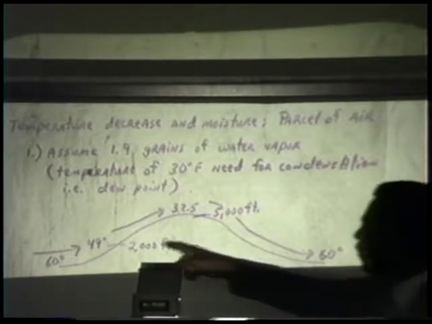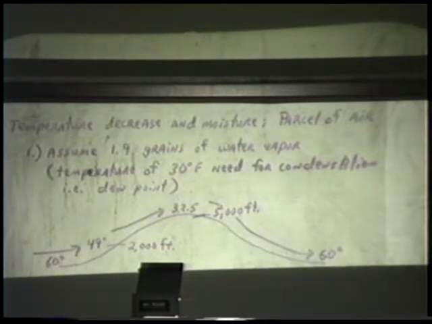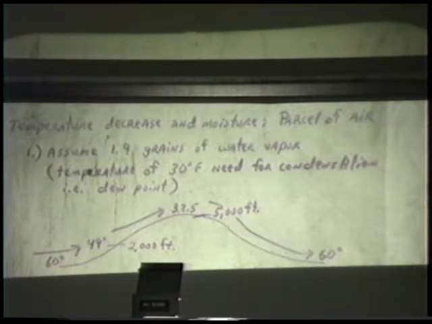At 2,000 feet, the air is 49 degrees. At 5,000 feet, the air is 32.5 degrees. But the difference in this example from the previous example is that we're assuming that the air has a certain amount of water vapor in it, and that this water vapor will condense out at a certain temperature.